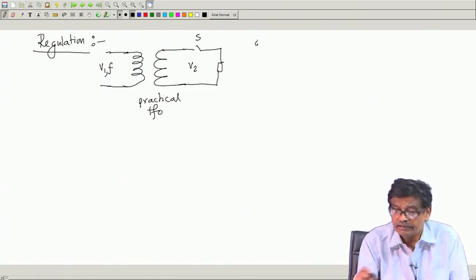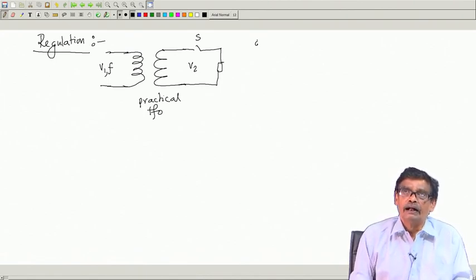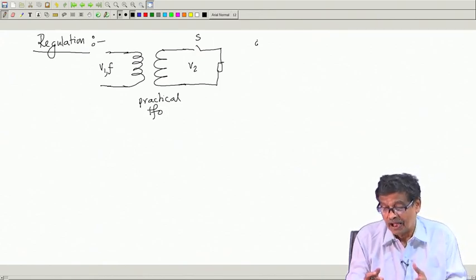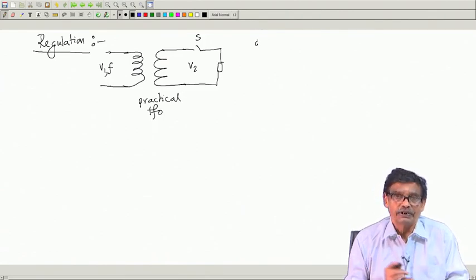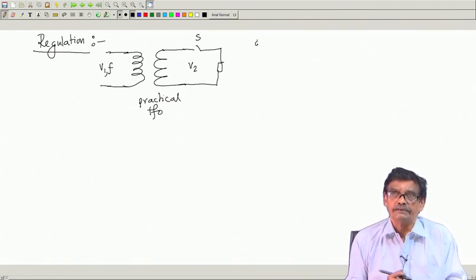With S open, suppose what I am telling is, what is regulation of a practical transformer, and suppose I want to find it out in the laboratory. What does that really mean? That is what I am telling.